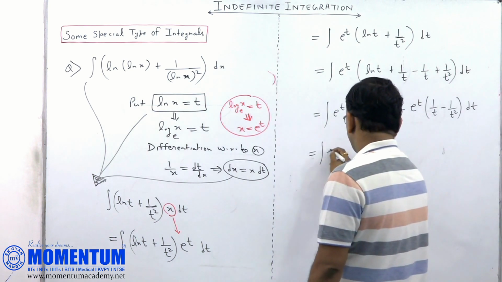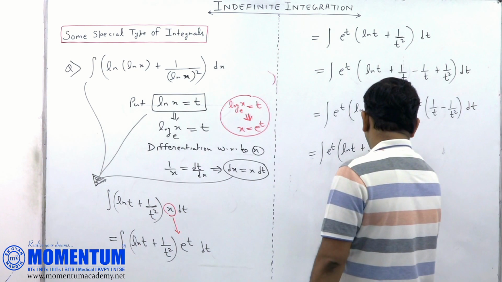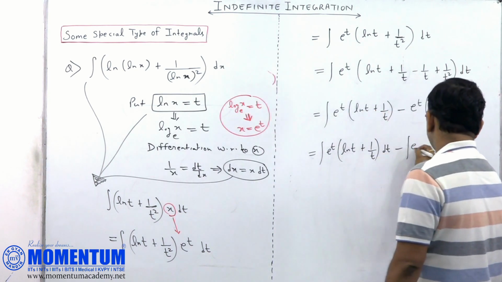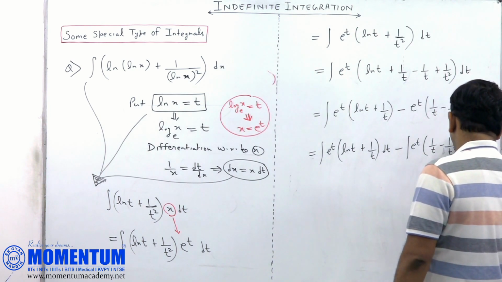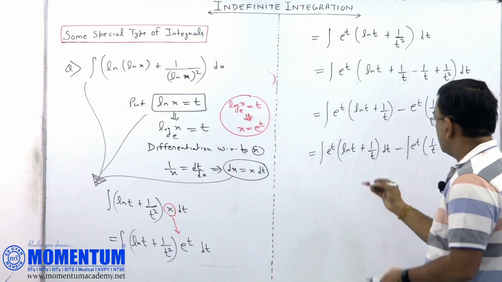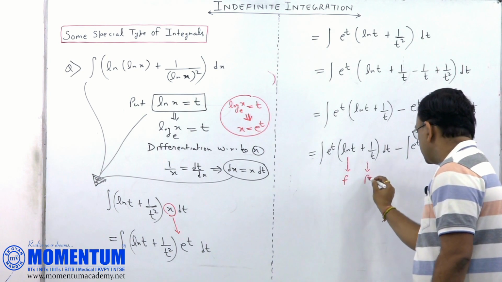Now I am separating the integral into two parts. Integration of e to the power t times ln t plus 1/t, minus integration of e to the power t times 1/t minus 1/t². Now check it. If I call it f, then it is f dash.